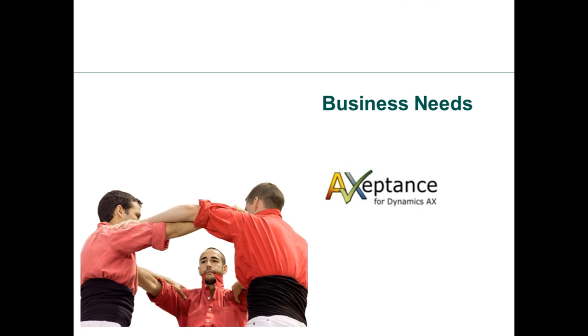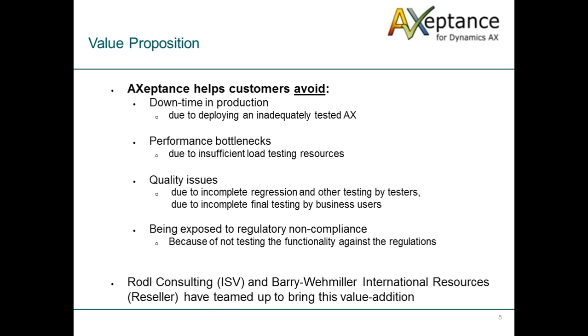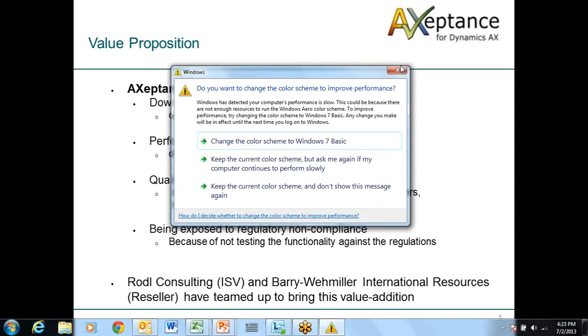So with that, we want to first look at the business needs from an acceptance perspective and what's being addressed by this tool. So there are a number of value propositions when you look at a testing tool like AXeptance, specifically helping to reduce downtime by ensuring that when you do your testing that it's adequate, as well as ensuring that you're testing for performance bottlenecks when you have those log-on storms early in the morning to make sure that your system is going to be able to handle the load.